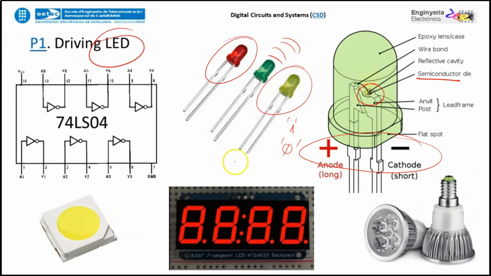They come in very different formats. This is the typical diode, the red one, and this is a flat, surface mount device. Then you have even power lamps based on LEDs today, in which you can modulate the light intensity as well.